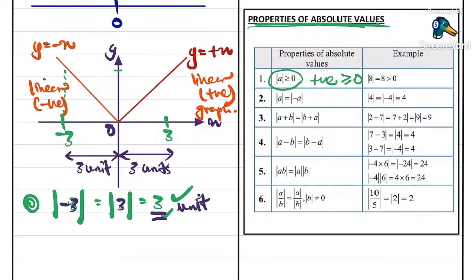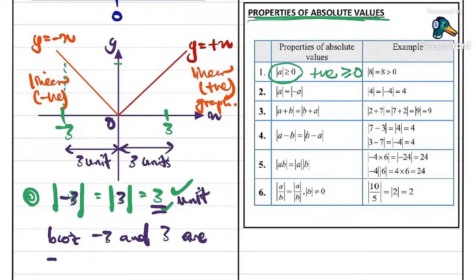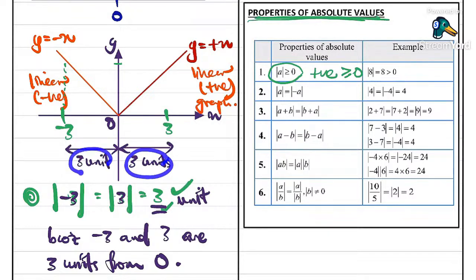It's because of the distance from the origin. Because negative 3 and 3 are 3 units from 0. So the distance from the origin is always a positive value. It is sort of like a magnitude. So magnitude is a positive value, right?